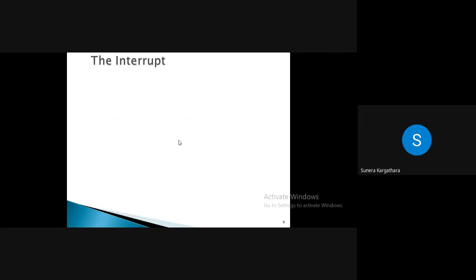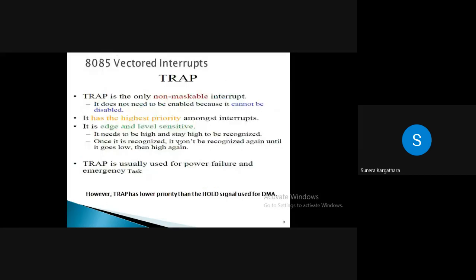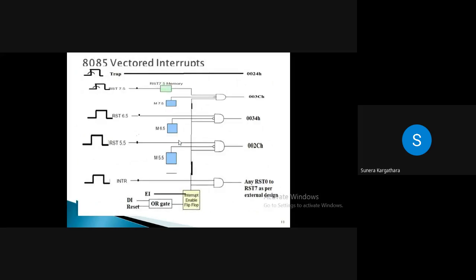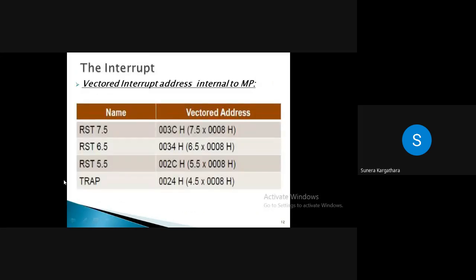We also discussed how to understand that address. If you remember, these are the addresses for RST 7.5, 6.5, 5.5 and TRAP. All four are vectored interrupts, and if one occurs, the processor has to go and serve the service routine at these addresses. Yes or no?